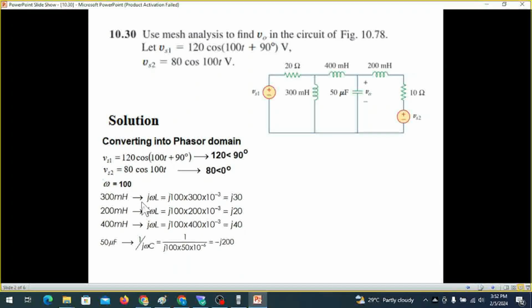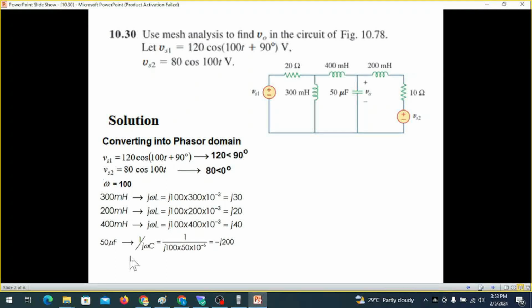Therefore, we can convert all the inductances and capacitances into phasor form by following this formula: j omega L. So omega is 100, and we put the value of L, which is 30 millihenry. That will be j30, similarly j20, j40.